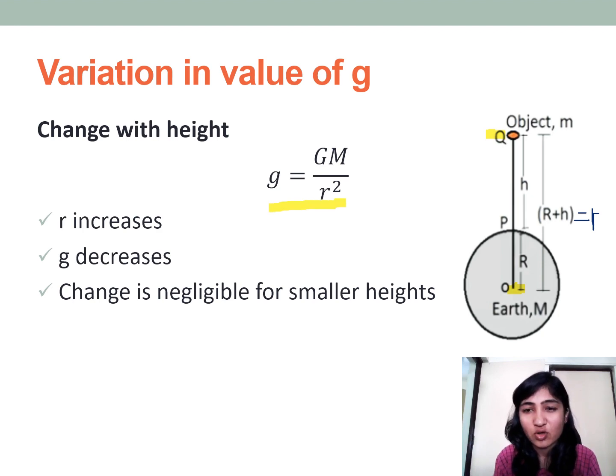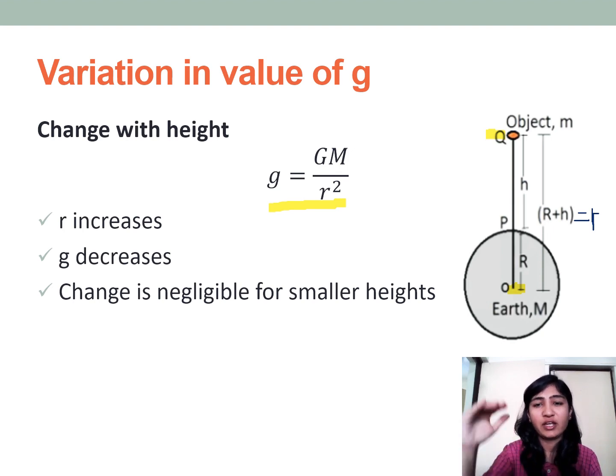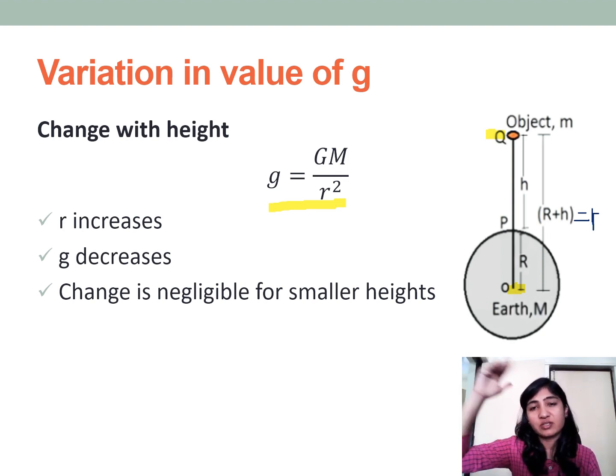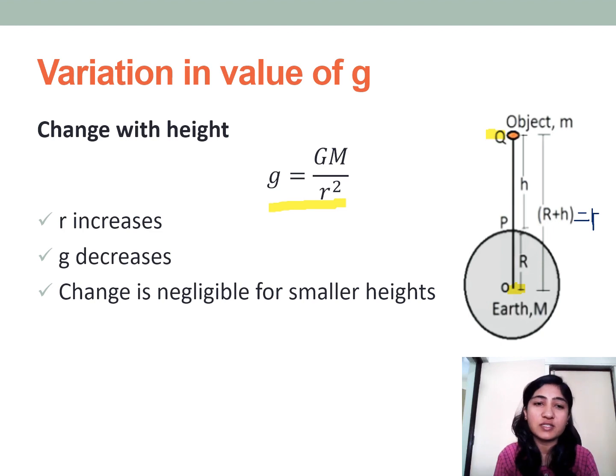So as the height increases, r increases, right? So the distance increases, and as small r increases and g is in inverse proportion, g obviously decreases. But this change is negligible for smaller heights, as we know that the radius of the earth is 6,400 kilometers.